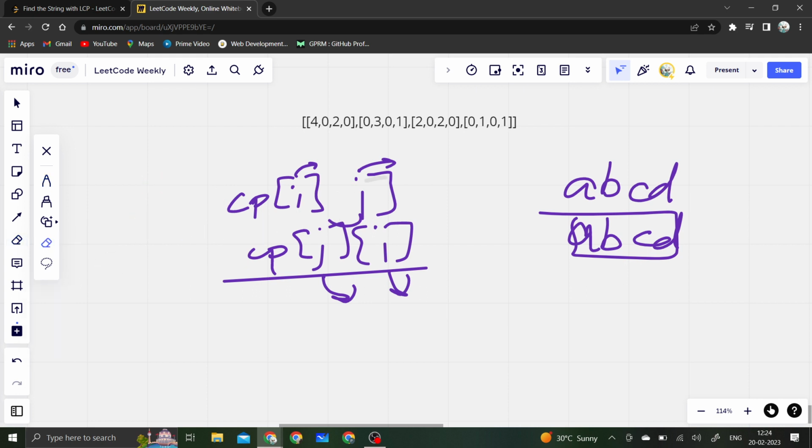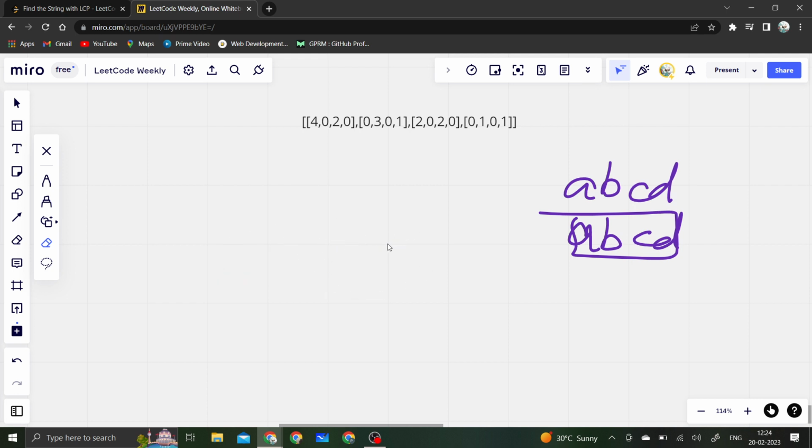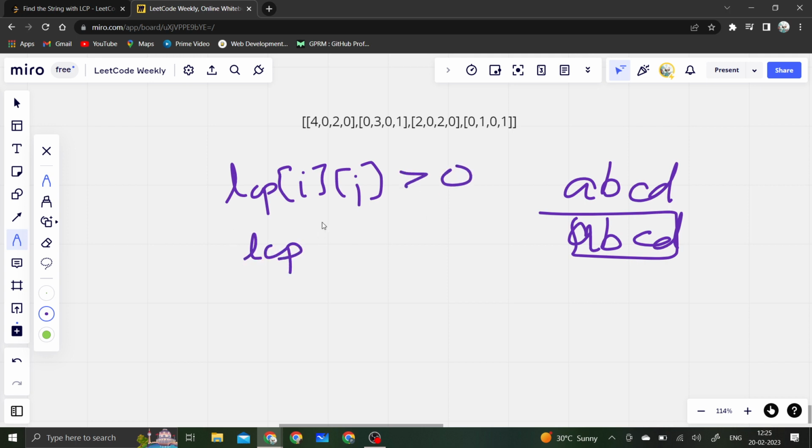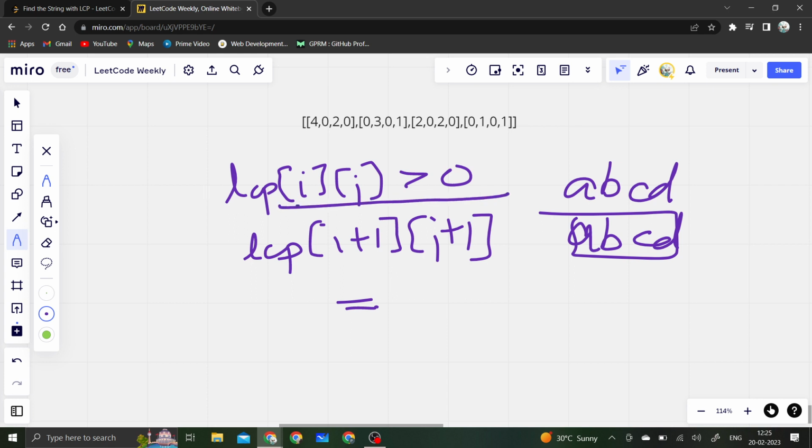So let's see the third case in which we will not be getting a string. Let's say if our LCP of I comma J is greater than 0, then if we consider LCP of I plus 1 and J plus 1, this is representing that ith and jth character in this particular string are same.